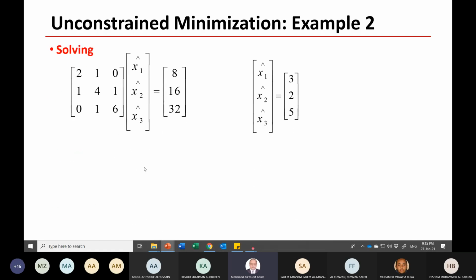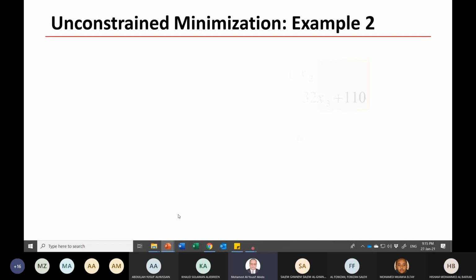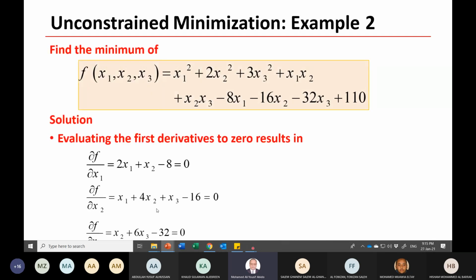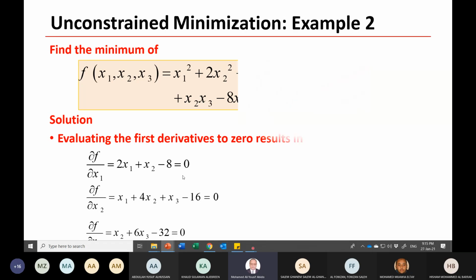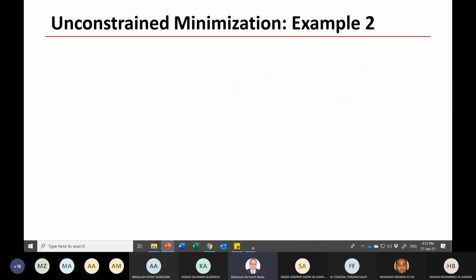Of course, these are linear functions, so you can put them in matrix form, AX equal to B. So this is A, with the coefficients of x1, x2, x3, and this equals 8.